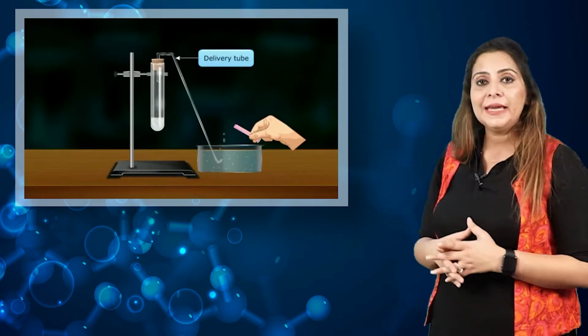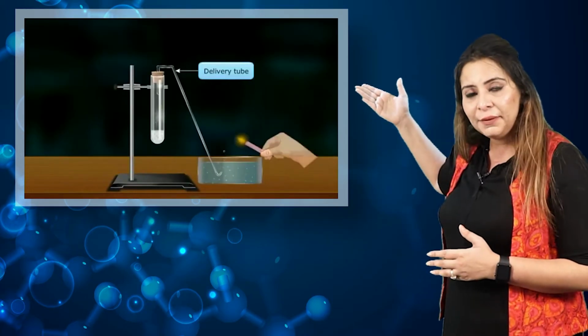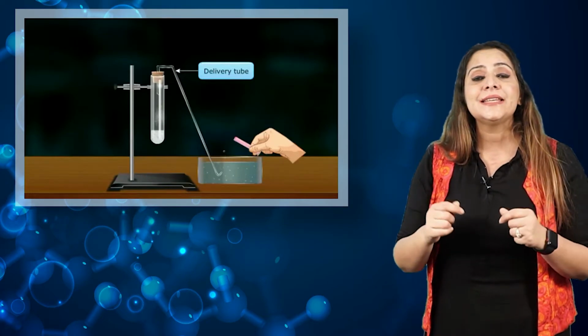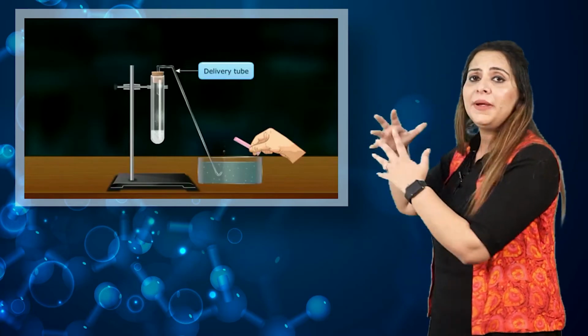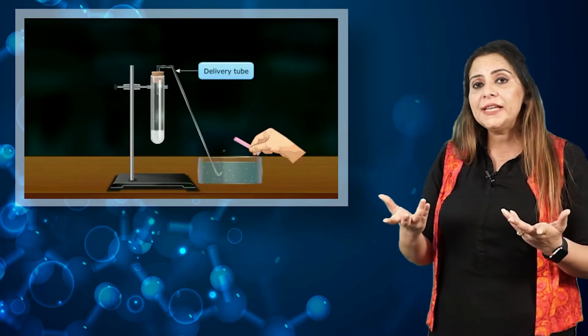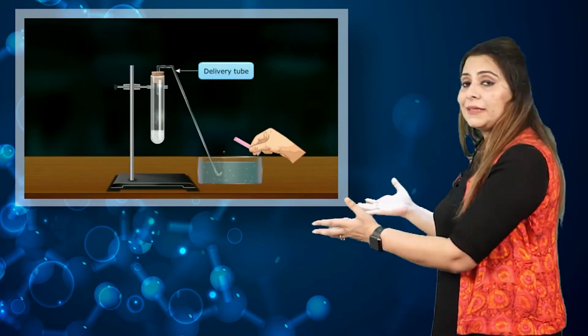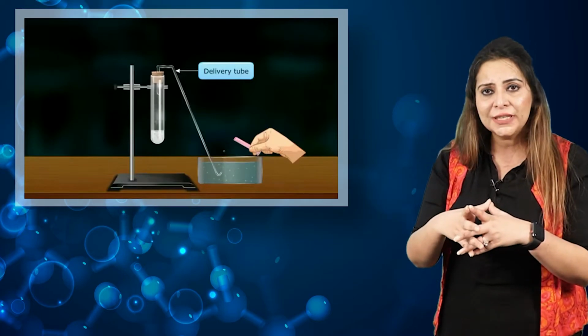And the second thing is that there's an outlet pipe coming out. If we bring the matchstick near this pipe, that matchstick starts burning. That means something has evolved from it. And obviously something might have escaped out just because both the reactants might have reacted together, right? They might have reacted with each other.